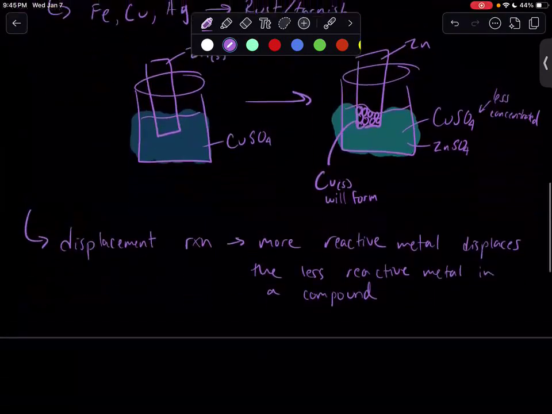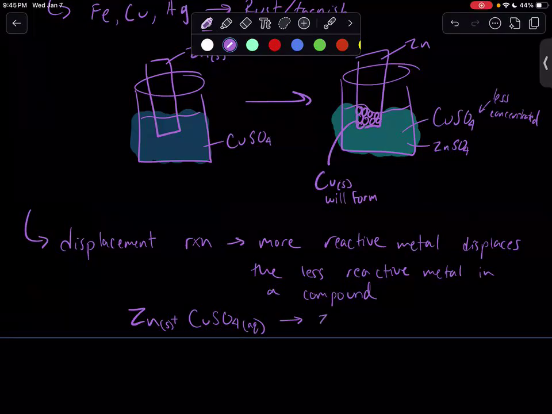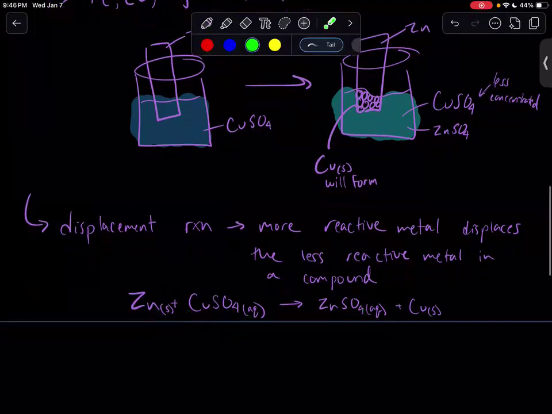So in this specific instance, zinc is reacting with copper sulfate, and the zinc is displacing the copper, creating zinc sulfate, aqueous, and solid copper. So here we see that zinc displaces copper in the sulfate. And so we can tell that therefore zinc is more reactive.